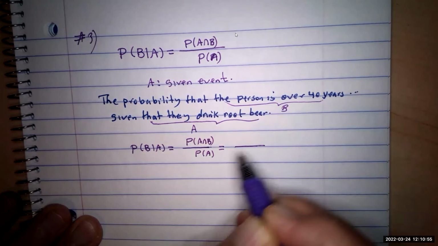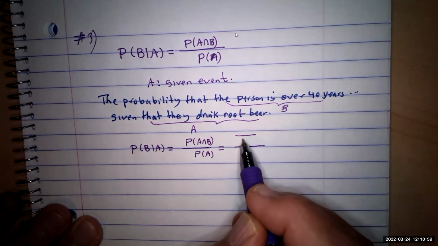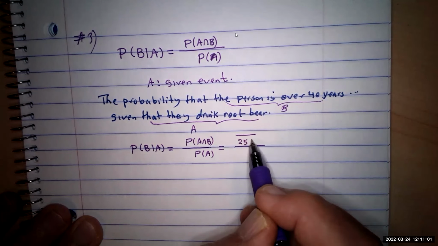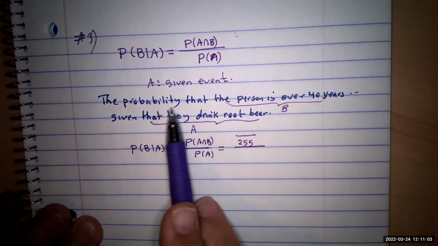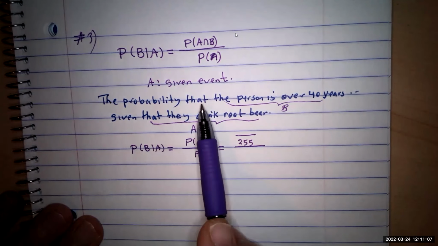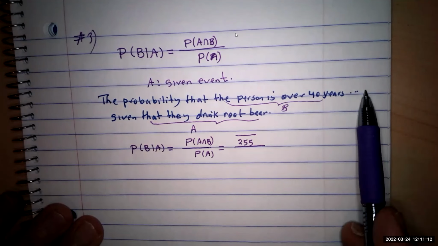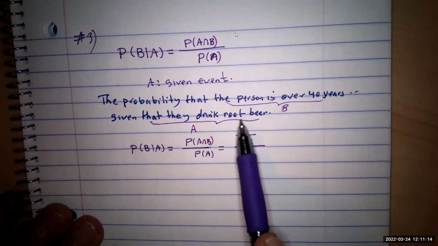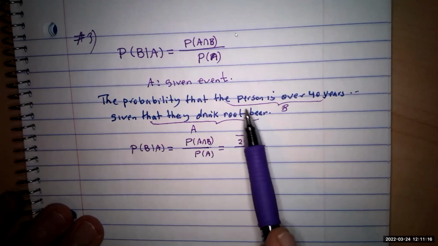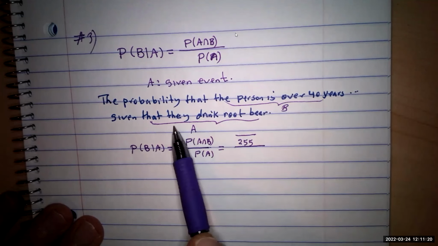Now find each probability. The total number is 255. What you need to do is read these two together. What is the top one? The probability that the person is over 40 years old and drinking root beer.